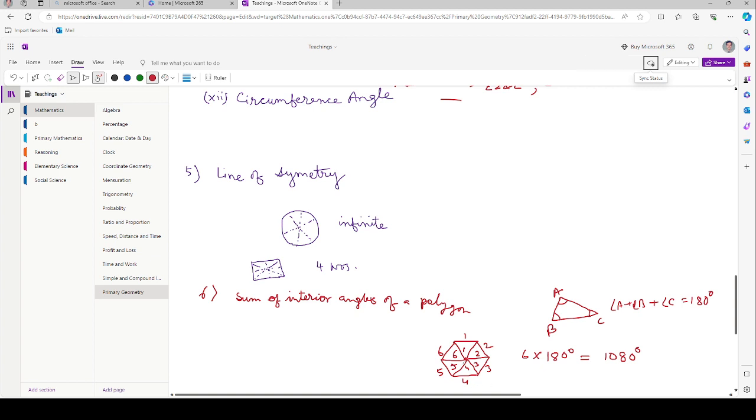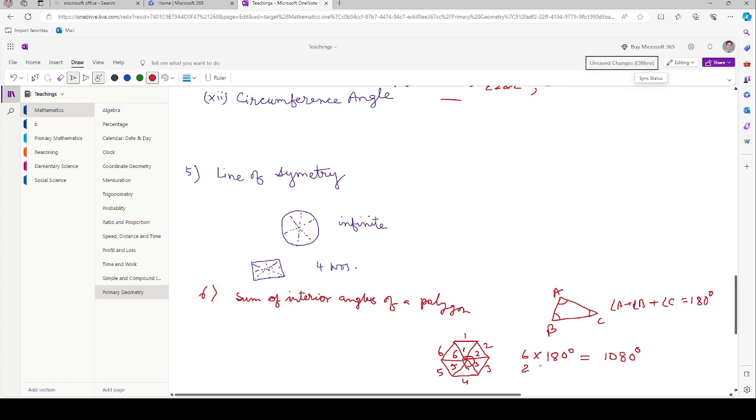But the sum of interior angles of this hexagon excludes these 6 angles, and these 6 angles make 360 degrees.